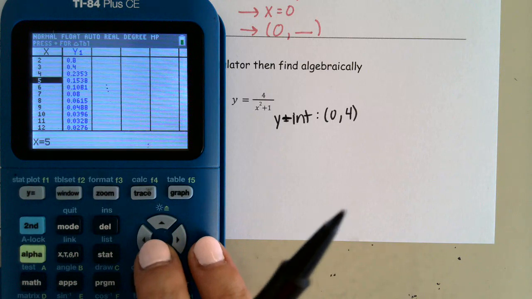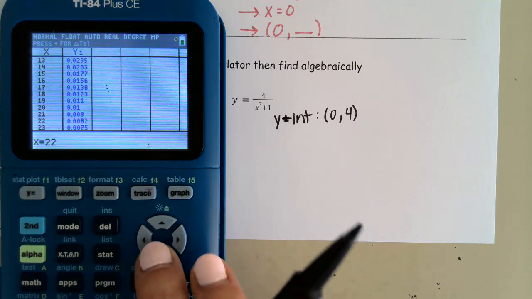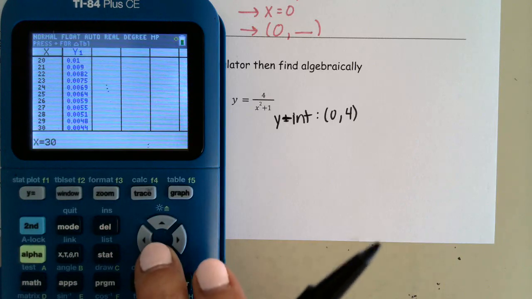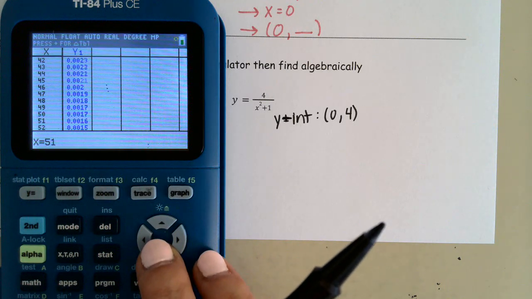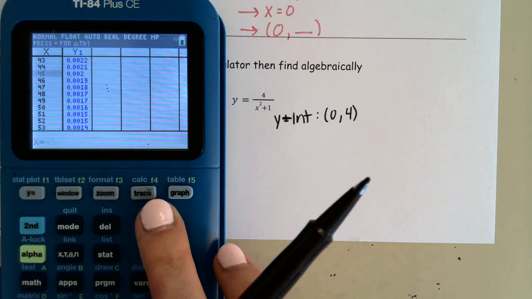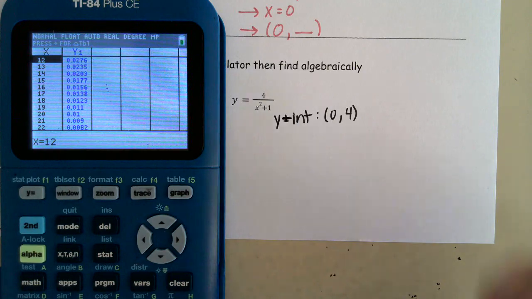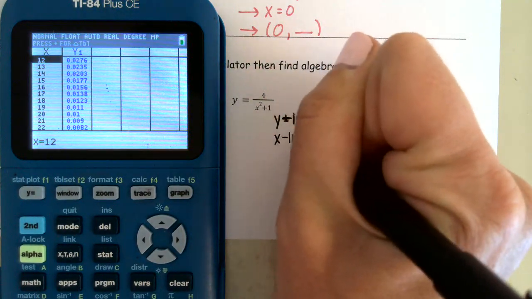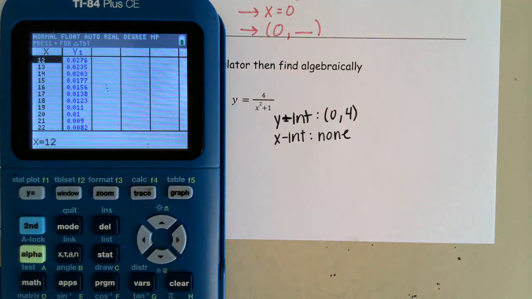And if I look at my table, my numbers get always closer to 0, but they never hit 0. I never get any negative numbers here. What does that tell me about my x-intercept if I never go from positive to negative? If I don't go from a positive number to a negative number, then I don't have any x-intercepts at all because I don't hit 0. So we're going to say, according to our graph, there are no x-intercepts.